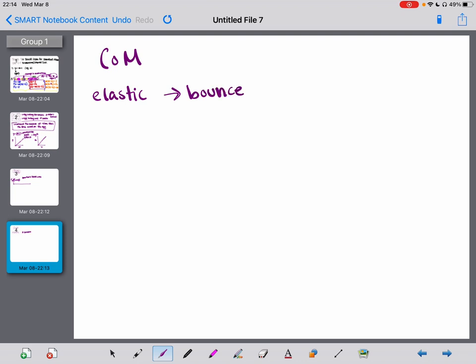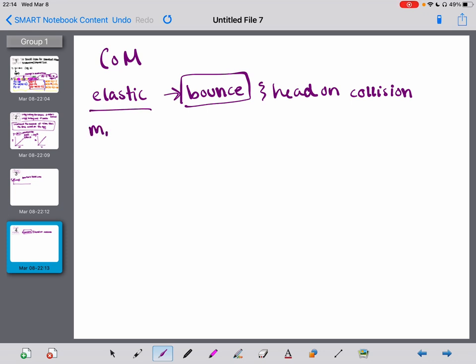Most times we usually see another word, head-on collision, but for the most part we use this word bounce to tell us what's going on. If you do not see any of the other keywords that I will get into later in this video, that means you automatically have an elastic collision. Okay, and what that means is you have m1v1 plus m2v2 equals m1v1 plus m2v2.